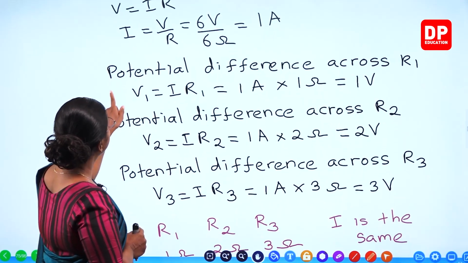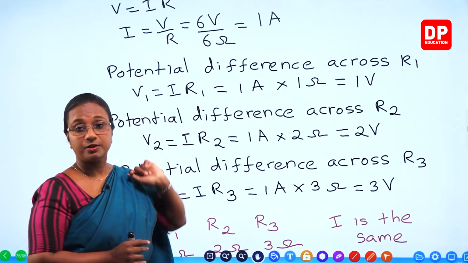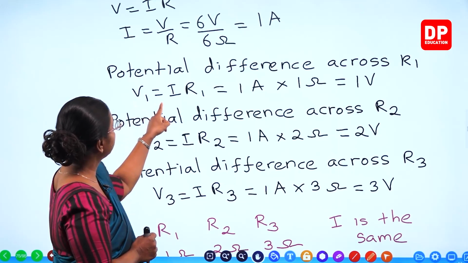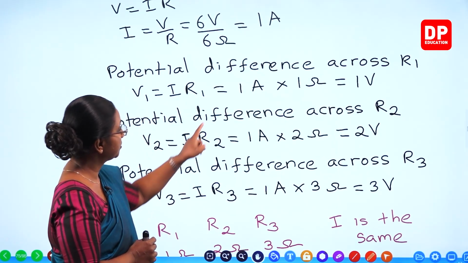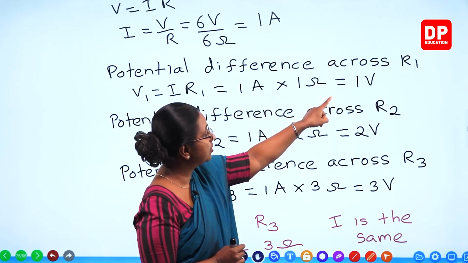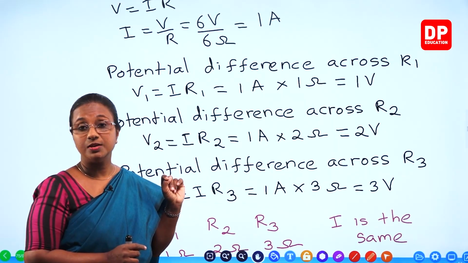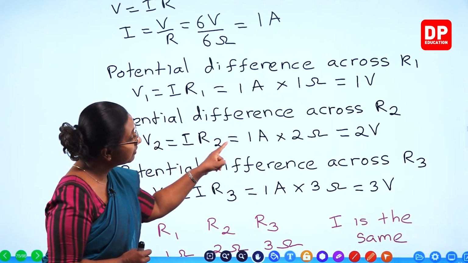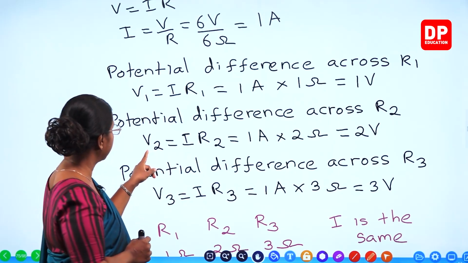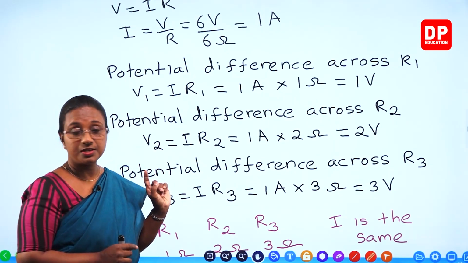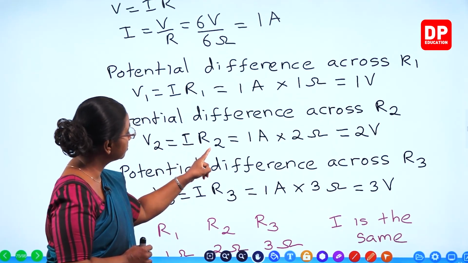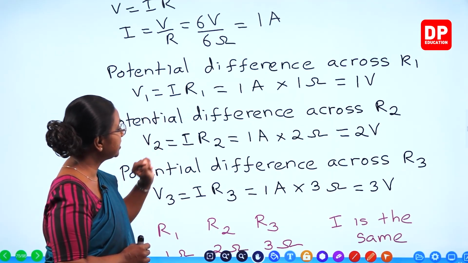Then, if we calculate the potential difference across R1, V1 equals I1 into R1. So, 1 ampere into 1 ohm, potential difference 1 volt. Potential difference across R2, that is V2. V2 is equal to I into R2. I is the same.